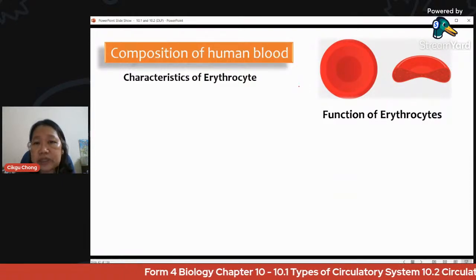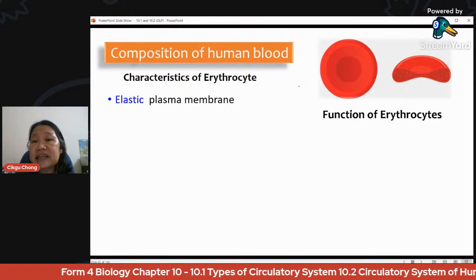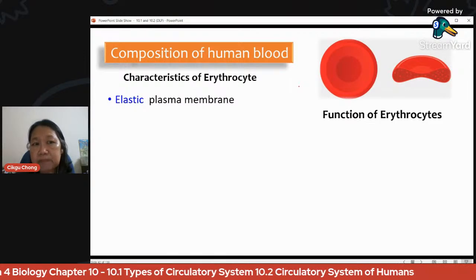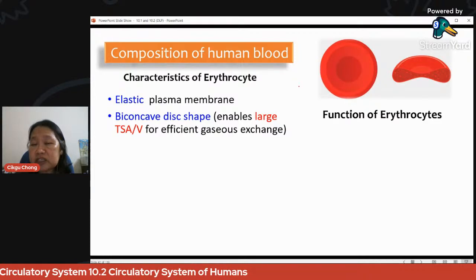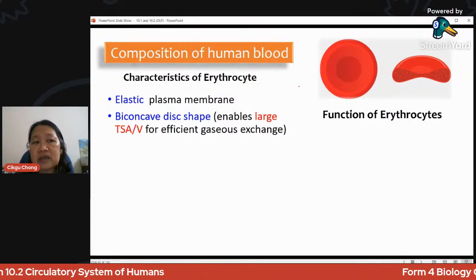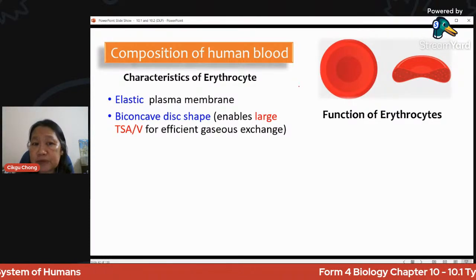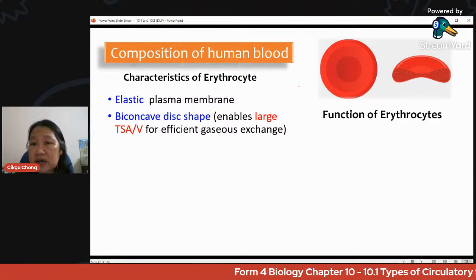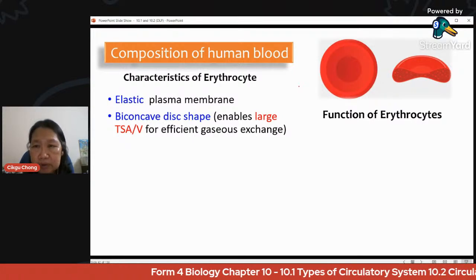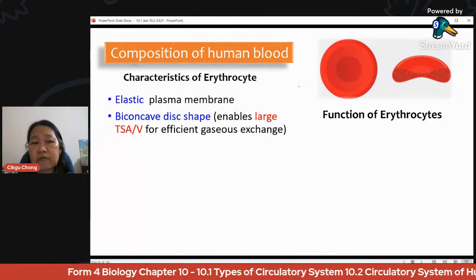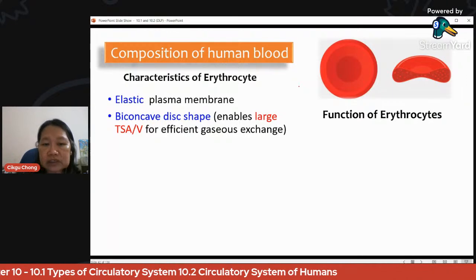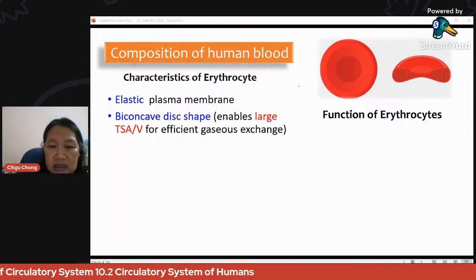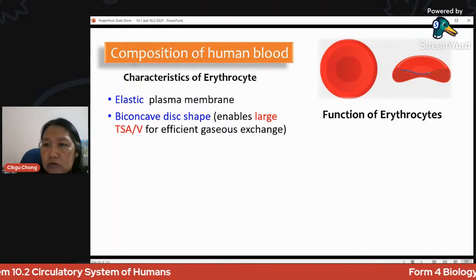Okay, now we continue with erythrocyte. Characteristics: the plasma membrane is elastic. And the shape: if you want to explain the shape of the erythrocyte, it's called biconcave disc shape. And this is an adaptation actually. What's the advantage of having this shape? You can see that the middle part is curved inwards. The middle part is actually thinner compared to the outer part.